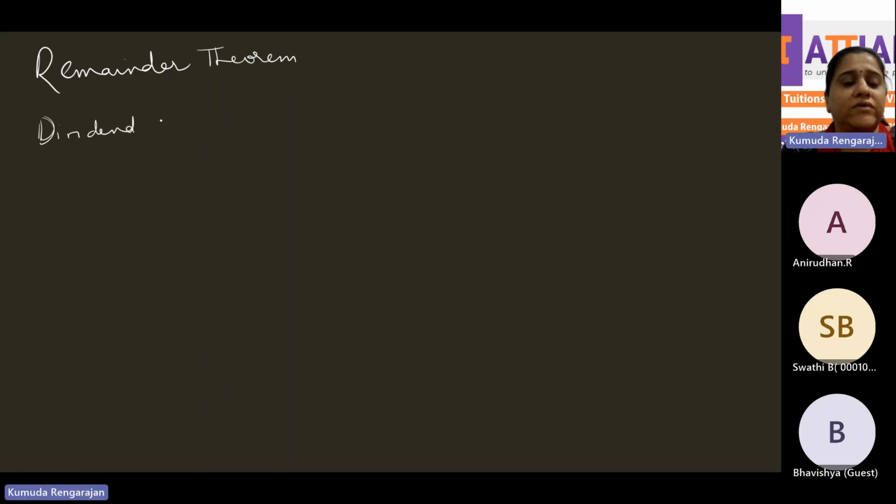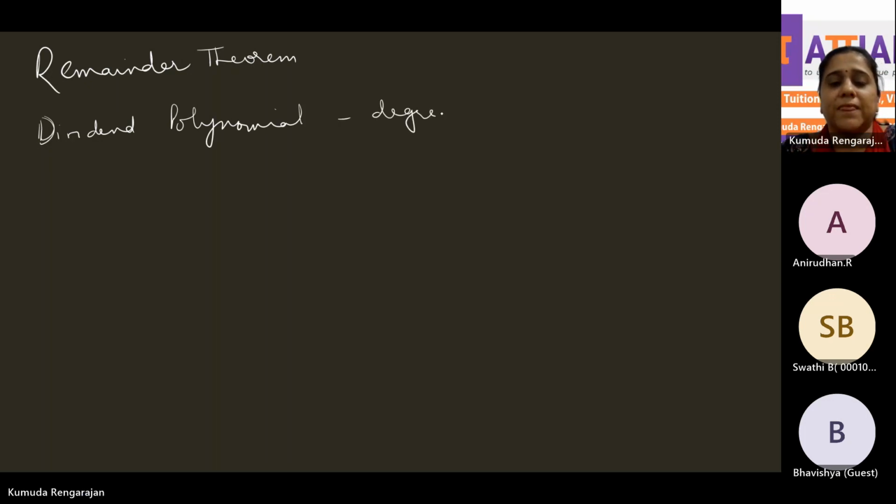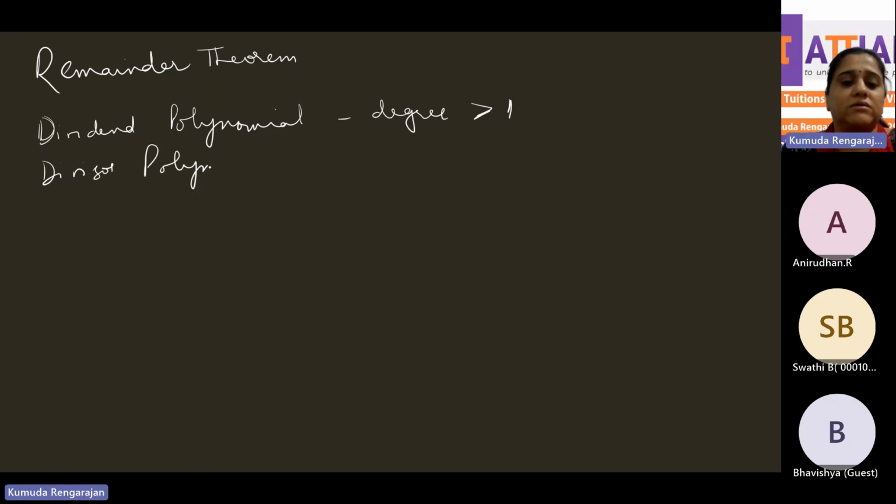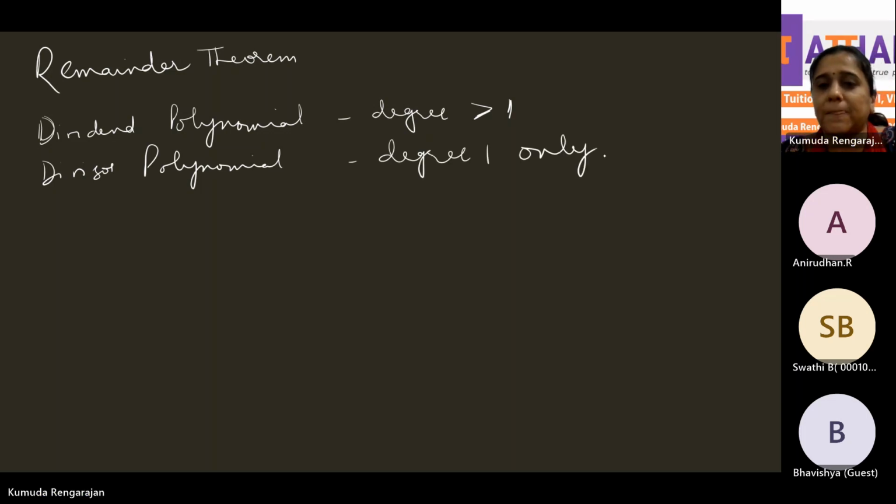Dividend polynomial: the degree should be greater than 1. Divisor polynomial: the degree should be 1 only.